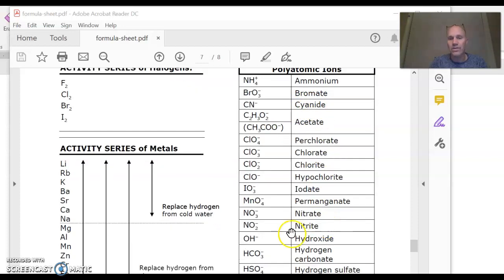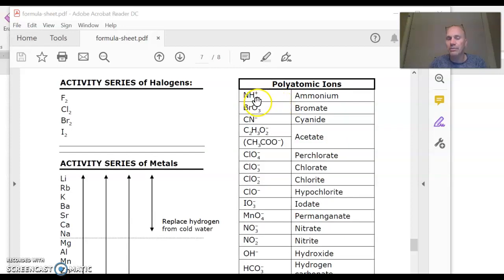The other exception is hydroxide, and you can tell that that's actually two elements: hydr for hydrogen, and ox for oxygen. With the exception of those, all of your negatively charged polyatomic ions end in either ate or ite. The only positively charged polyatomic ion is ammonium. That should be fairly easy to remember.